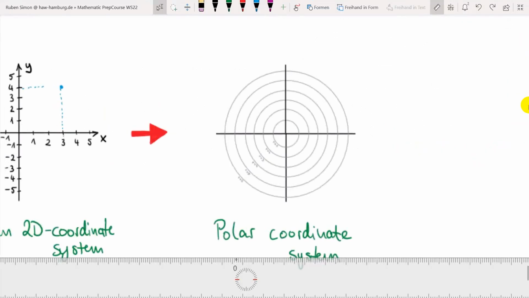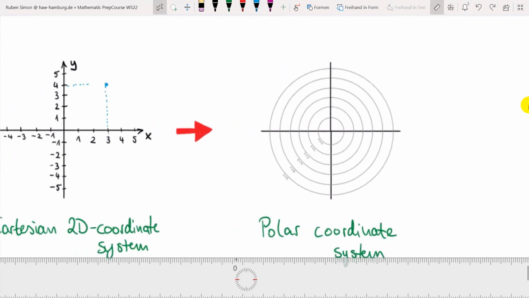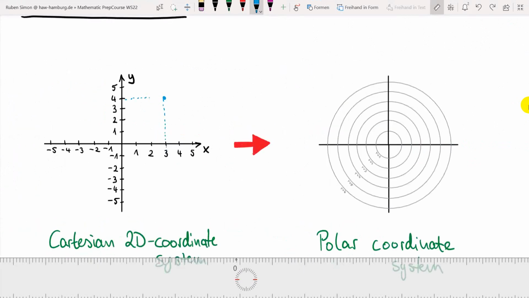Radius and fractions of pi. Yeah, it does not necessarily have to be in radians. So in this case, it was x and y. These were the two parameters characterizing the position of a certain point.